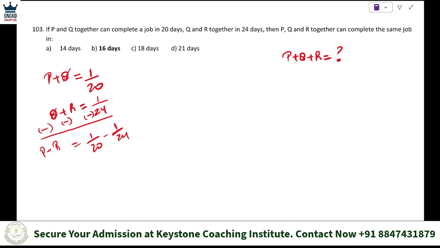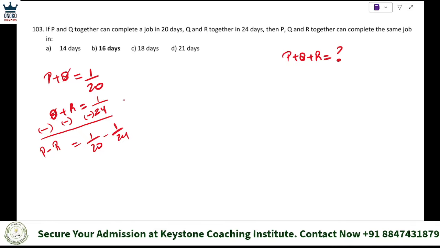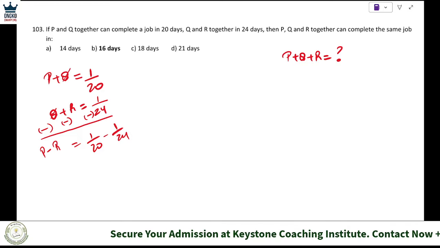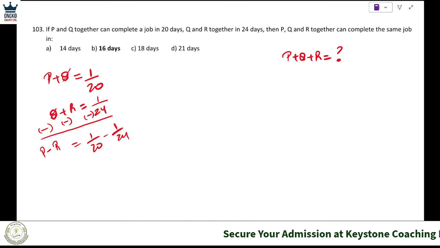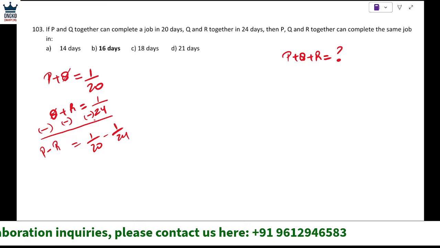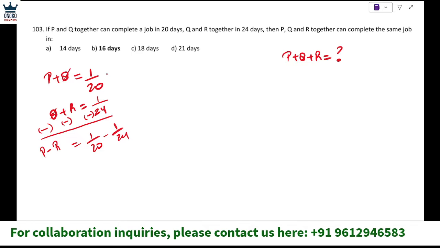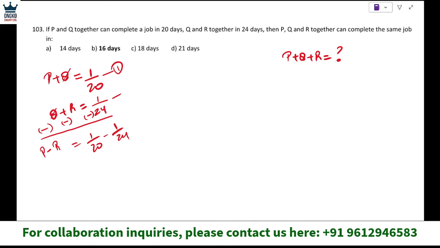Okay. So I think the question is flawed. There's no possibility. This information comes out, but probably we cannot solve it. P minus R, right? We don't know the value of P and R, but we can give it a try also, no harm. Let's say this is equation 1, this is equation 2.